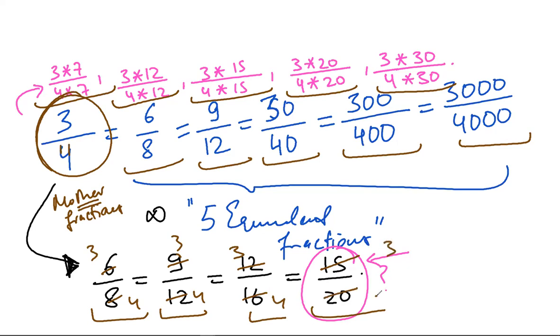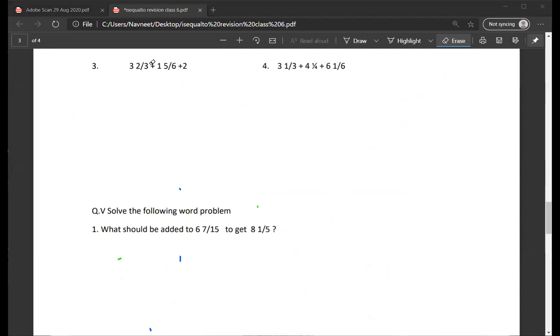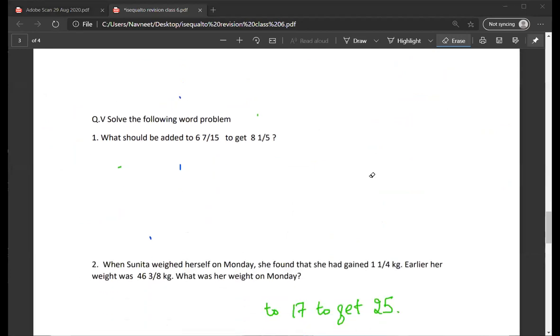All of these should cancel and we should get 3 by 4. Mr. Satya, have you understood? Is there a doubt? No, sir. So this mother fraction has all these equivalent fractions. You can make any equivalent fraction that you like, but it should reduce to the mother fraction.